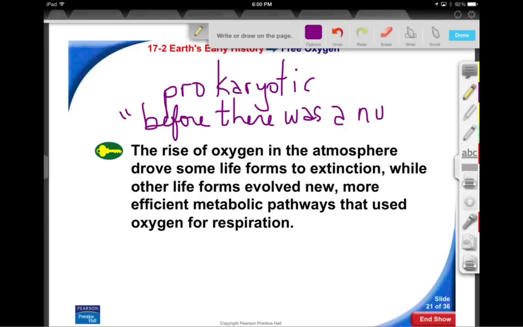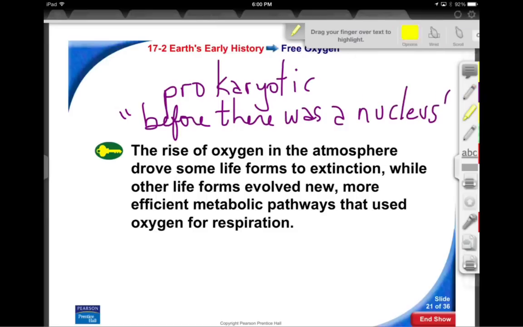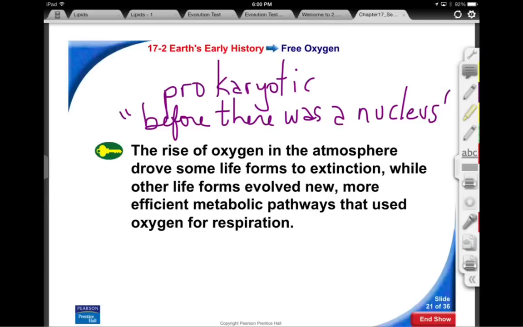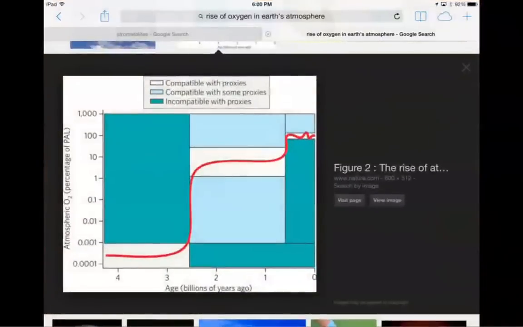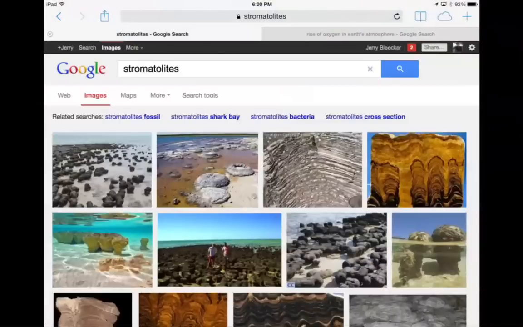Now there is evidence that goes back quite a bit in terms of what we're talking about here with these little microfossils. So I'm going to pop out to that and show you, and I've got it stored here. Here we go. These little things called stromatolites. You find them just offshore.